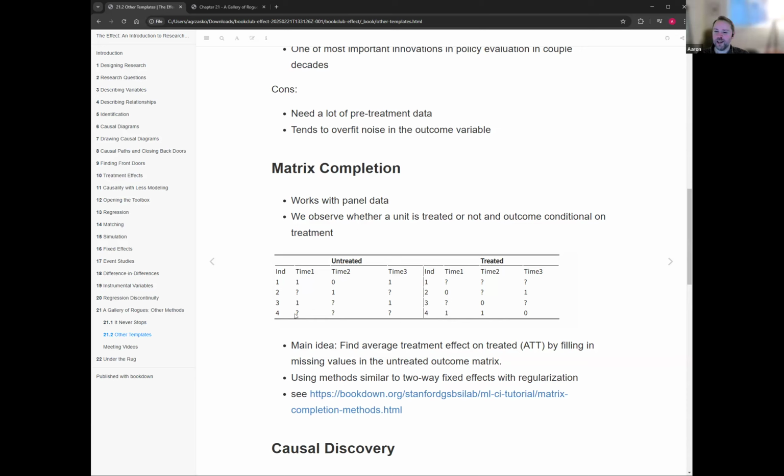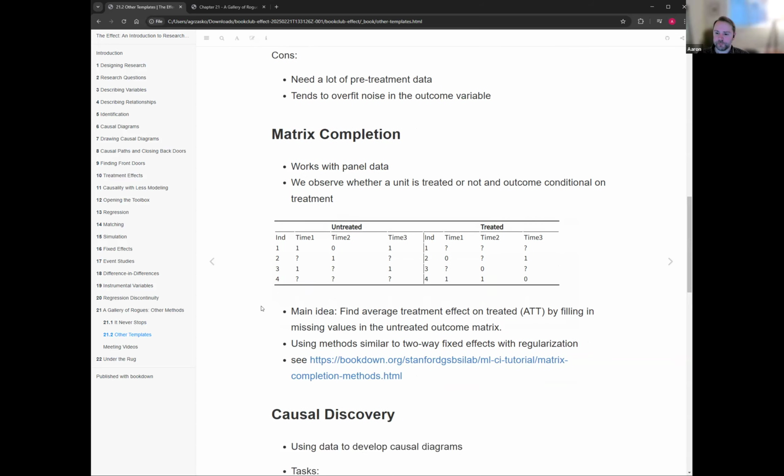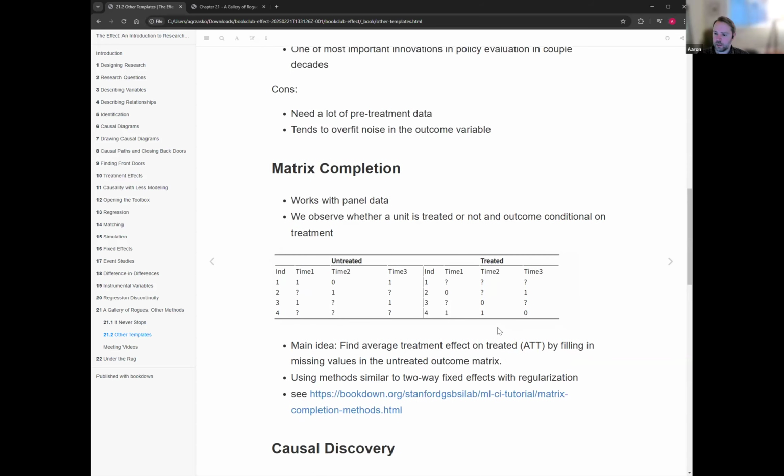What would be the likelihood that he or she would have watched My Girl? The way they describe this method, it literally is filling in these blanks, and it's almost like a two-way fixed effects model, where you look at similarities across individuals, and then there's this time component as well.